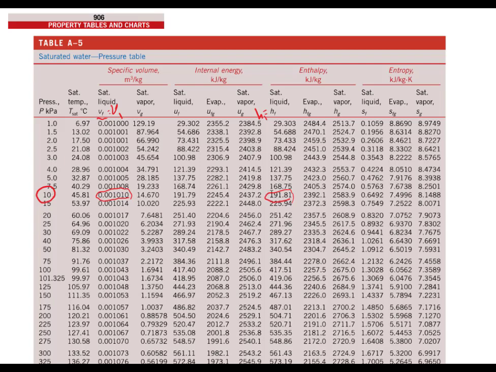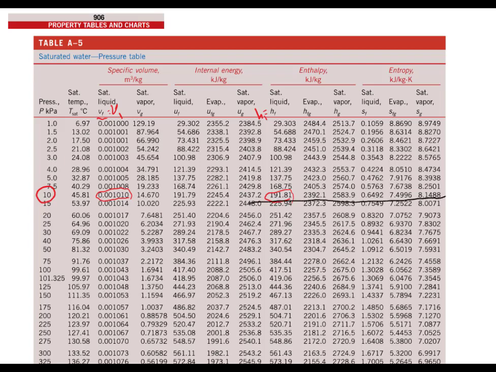And here what we need to get from this table is hf and hfg, and also sf and sfg. So we need to have all of these values, record them to be used in our calculation.